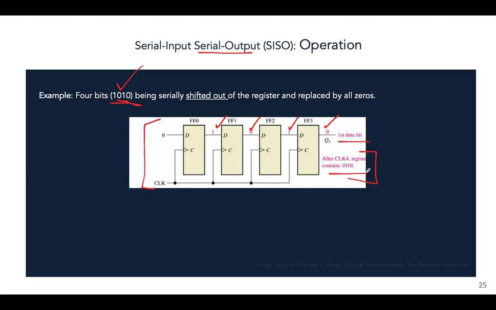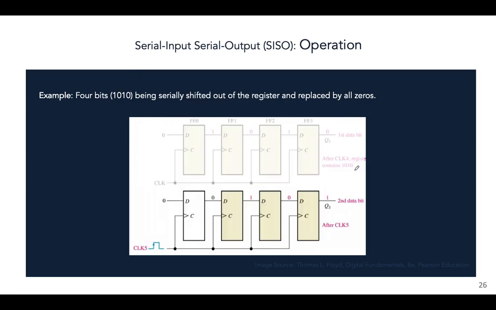Now we'll see how to take this data out of the register. So for clock pulse 5, it will continue from the previous cycle. This is entirely part of one operation, moving the data into the register and then moving it out. It's one whole operation. So now clock pulses will begin where we left off previously.